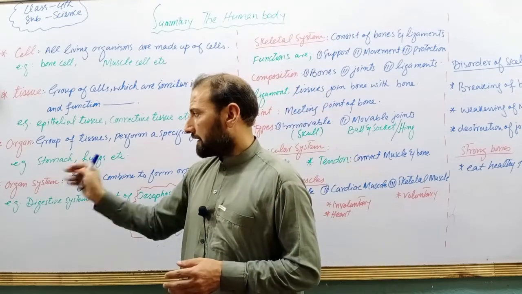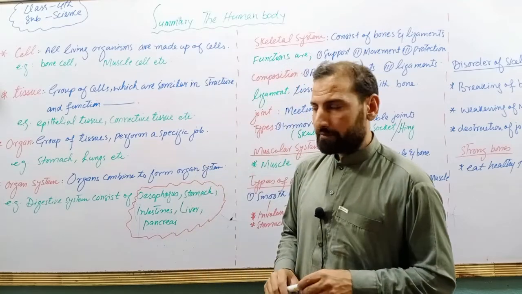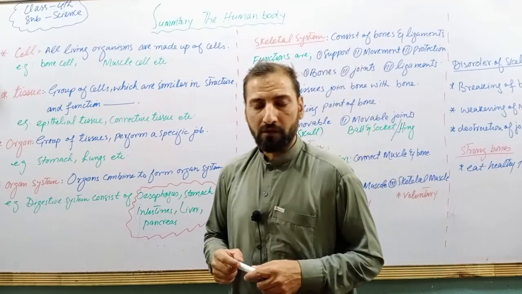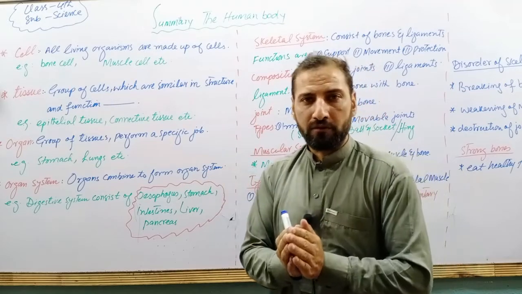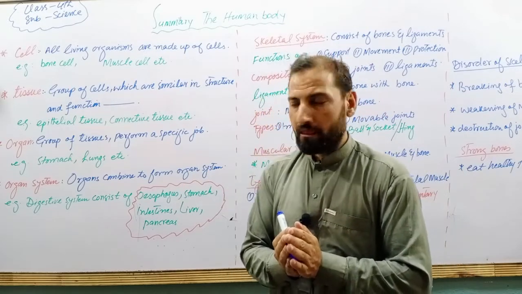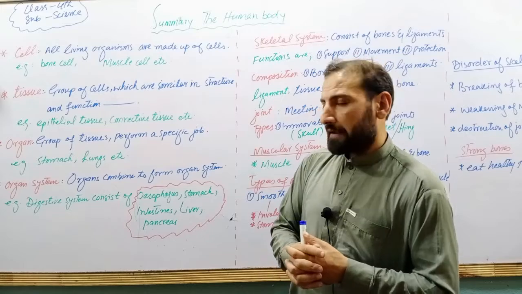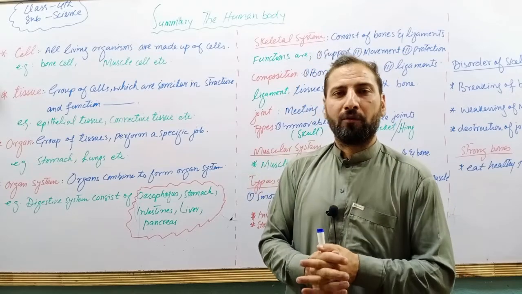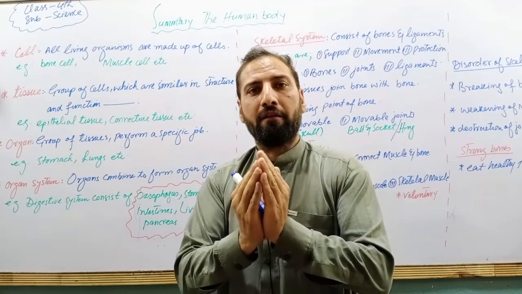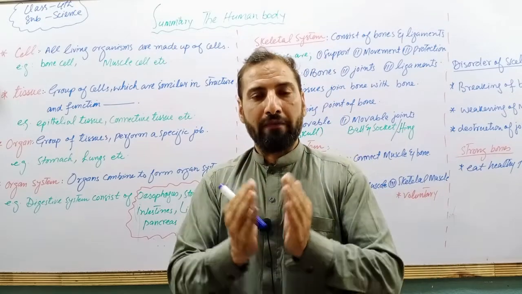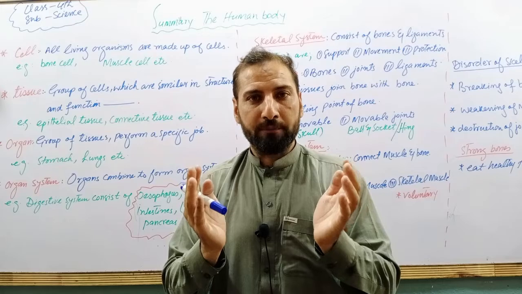Okay. The third topic in your book and your chapter is organ. What is organ? Organ, a group of tissues that perform a specific job. Inside your body, different kinds of tissues combine, they form a group of tissues, they form a larger body part.